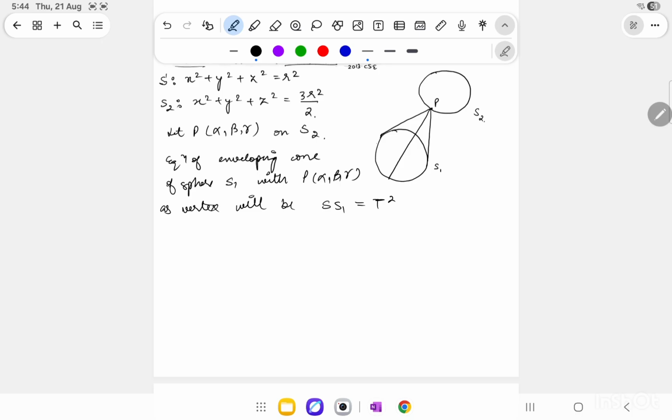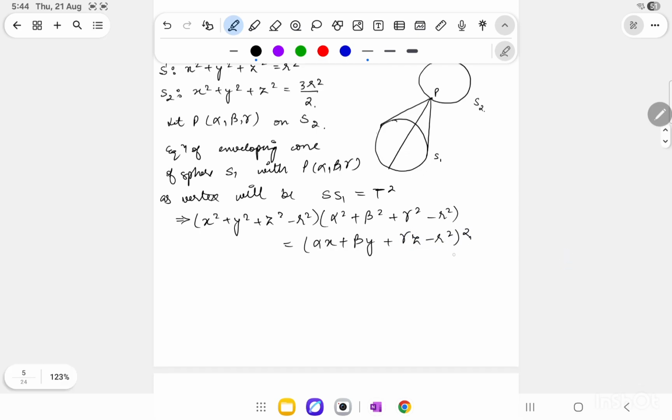And S' is basically the value when the point (alpha, beta, gamma) is put into the equation of sphere S1. So that equals (x² + y² + z² - r²)(alpha² + beta² + gamma² - r²) = (alpha x + beta y + gamma z - r²)².